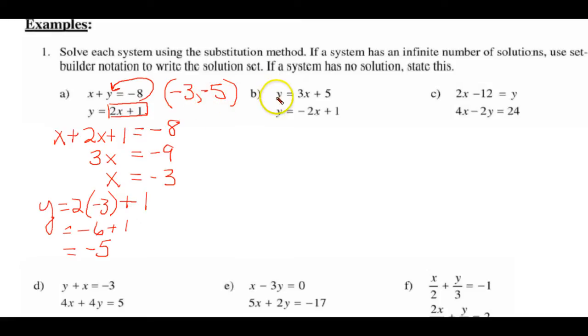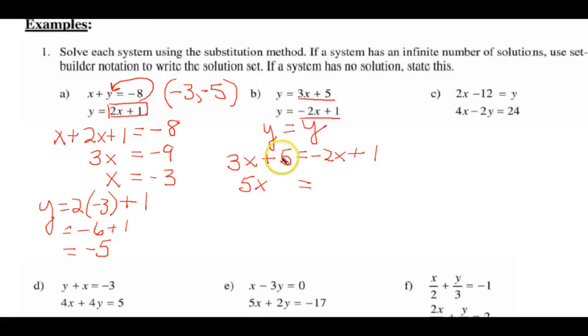Now, here's a case where we have y equals this and y equals that. So in a sense, we have y equals y. So we can just equate these to each other. So this would be 3x plus 5 equals a -2x plus 1. And we're using a form of substitution here. So we're going to transpose the -2x to this side where it becomes 5x.